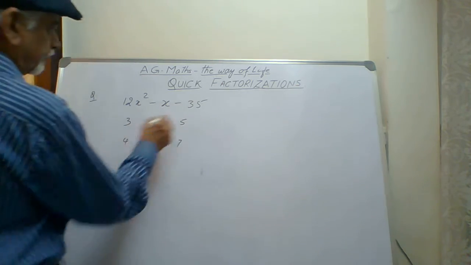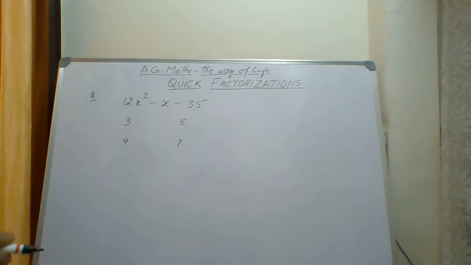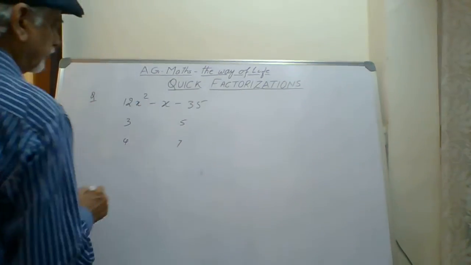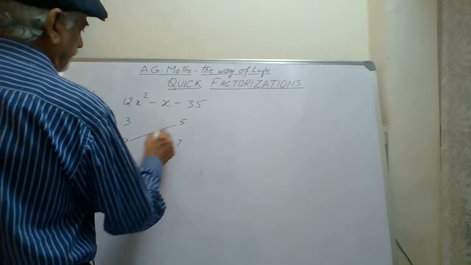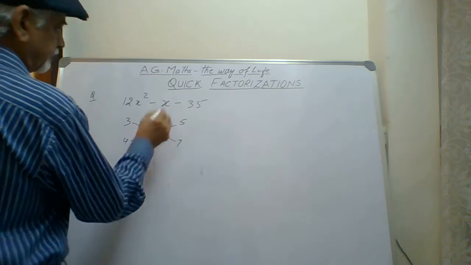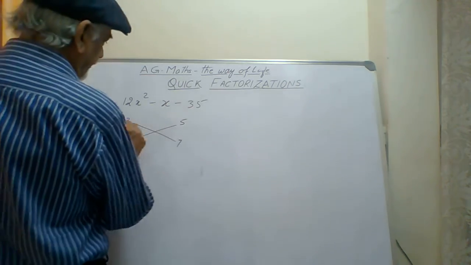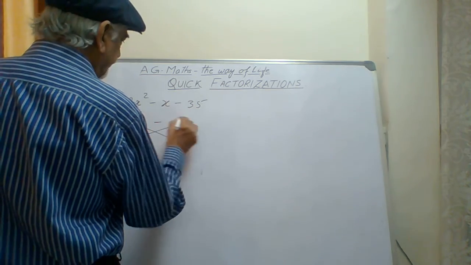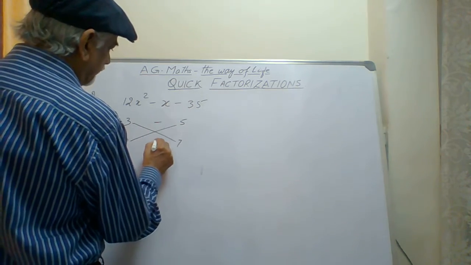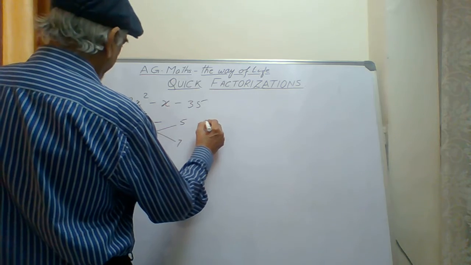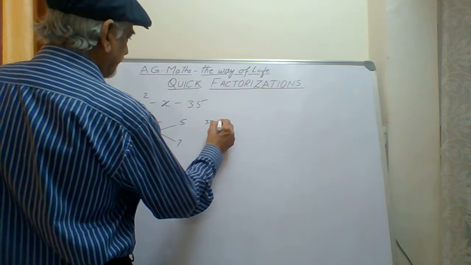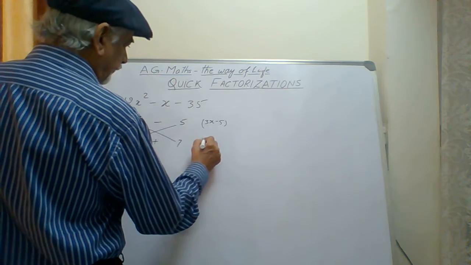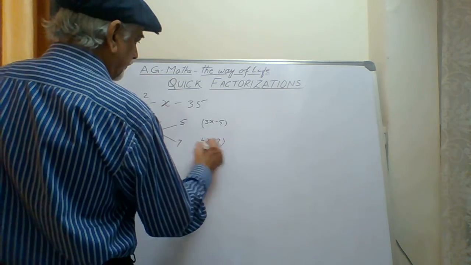Always write the smaller one on the top and the bigger one at the bottom. Then I have to get minus 1. So if I do like this, 21 minus 20 is 1 only. So 21 has to be negative and 20 has to be positive. So I write 3x minus 5, and 4x plus 7.